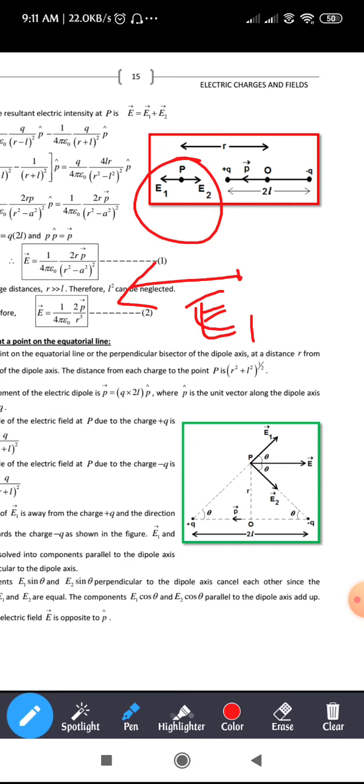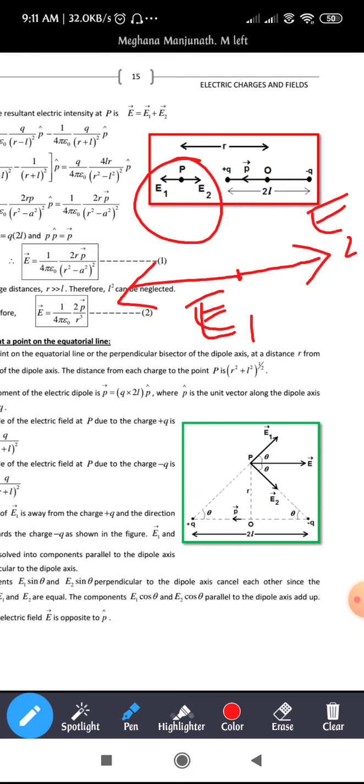So E2 will be directed in this direction. E2 is the electric field due to the negative charge. Hence E1 and E2 are opposite to each other.